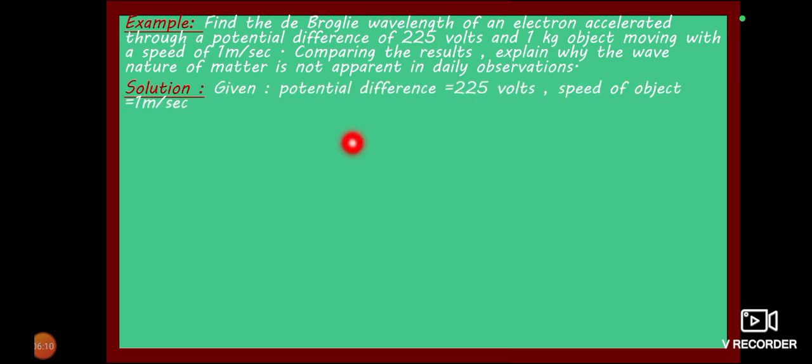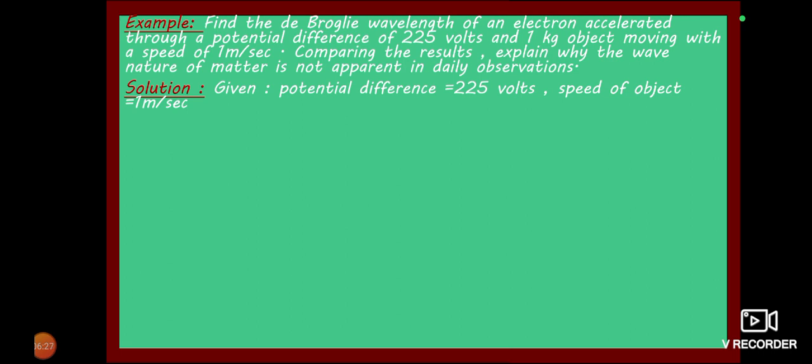The potential difference is given here: potential difference is equal to 225 volt, and the speed of the object is also given. So here we will write the formula of de Broglie wavelength for an electron.